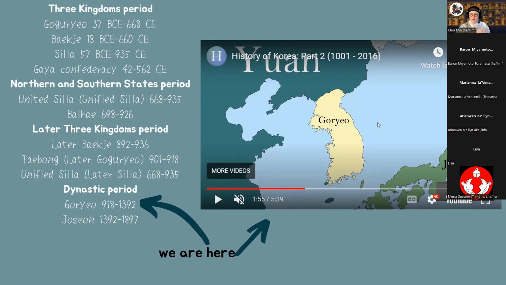And in return, to keep the ties up, the Korean politicians were not allowed to marry Korean women. The king always was given a princess as his main wife from the Yuan dynasty clan that was in power.